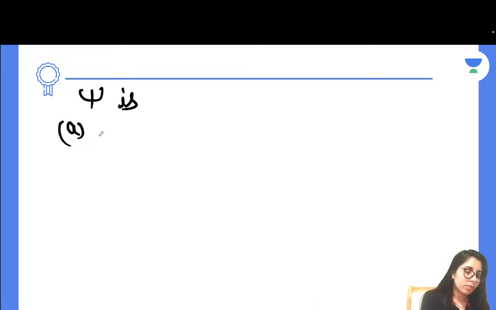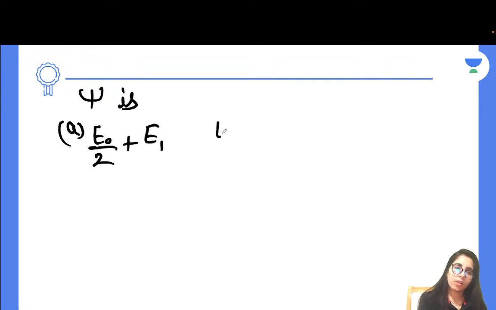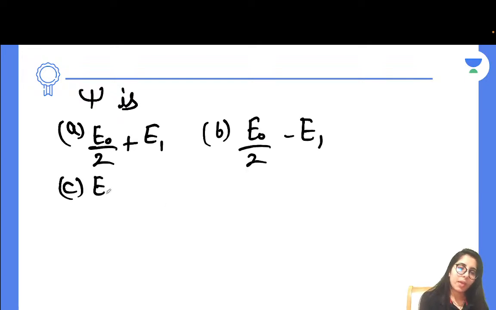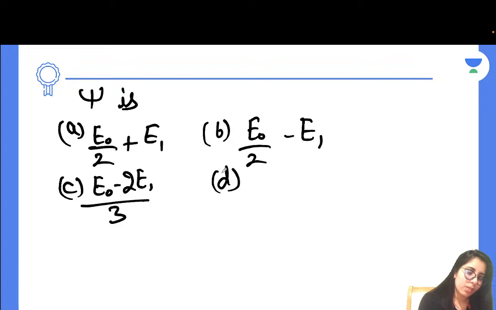Options are: A, E naught over 2 plus E1; B, E naught over 2 minus E1; C, E naught minus 2 E1 over 3; Option D is E naught plus 2 E1 over 3.